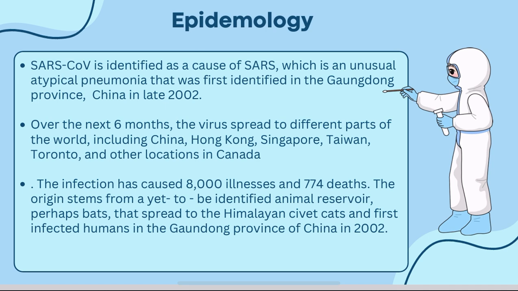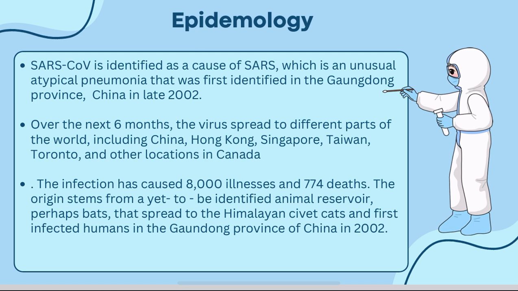The origin stems from a yet to be identified animal reservoir. So we see that the origin stems from an unidentified animal reservoir, perhaps believed to be the bats. It spread to the Himalayan civet cats and first infected the humans.